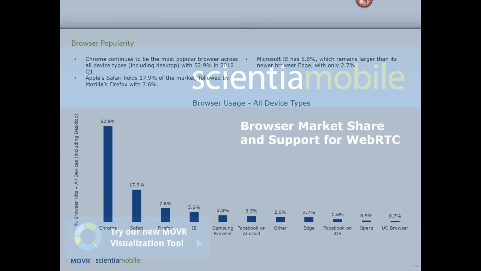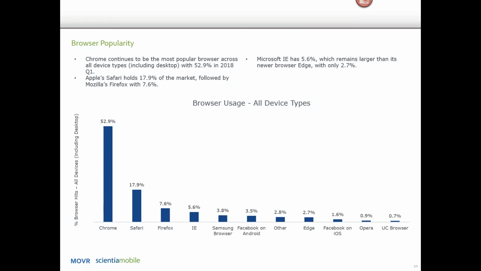So moving on, let's take a look at the browser market, and specifically some of the web real-time communications capabilities built into that. We haven't really looked at browser usage very often in the MOVR report in the last couple of times around, so I thought it would be good to just level set everyone.